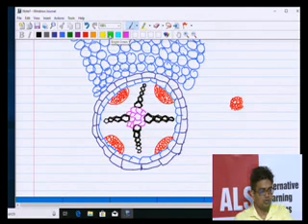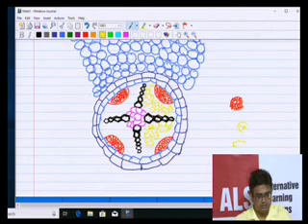Rest of the cells that I am going to draw here, they are not very significant, so I am going to use a color that you cannot see on the screen very well. Okay. Alright, so I am going to just draw it quickly. These are random cells that I am drawing like this. This is called actually the conjunctive tissue. The cells are like this.